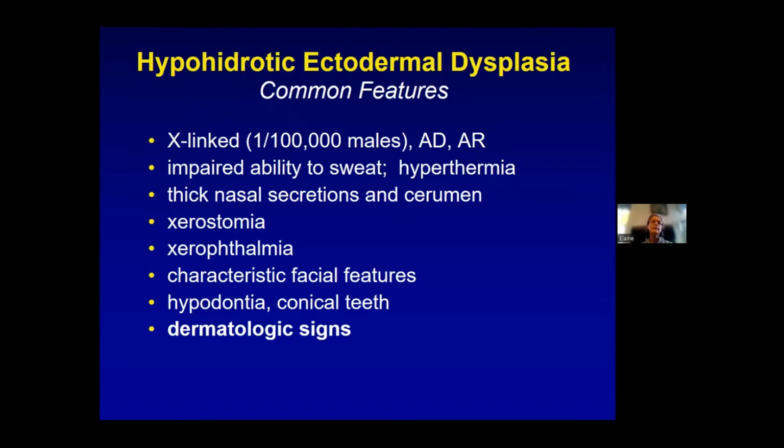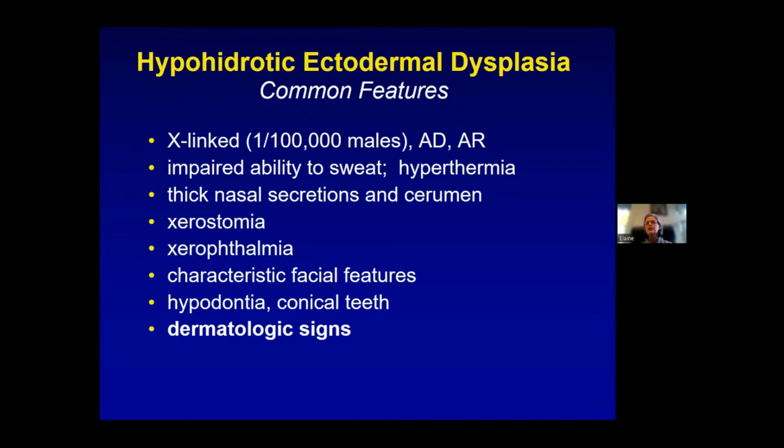In infancy and beyond, they are plagued by a variety of related problems like thick nasal secretions and thick cerumen, xerostomia and xerophthalmia, and then the aesthetic features of the condition. Another characteristic feature is hypodontia, and then these very characteristic conical teeth.